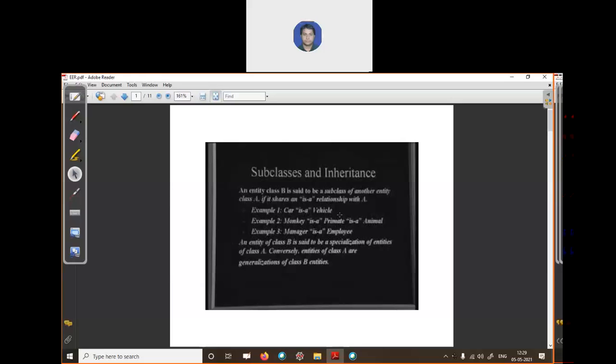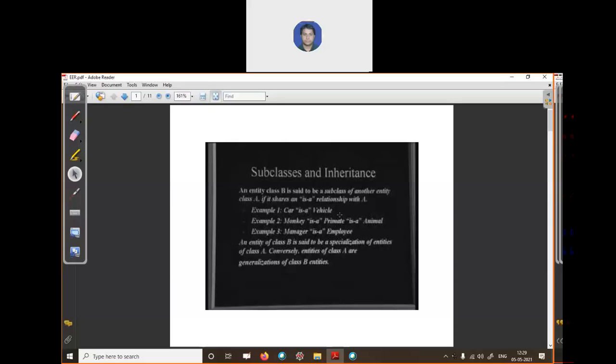Subclassing: when we have two entities, take the example of entity A and entity B, an entity class B is said to be a subclass of another entity class A if these entities share an is-a relationship.